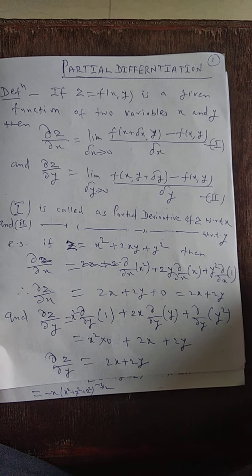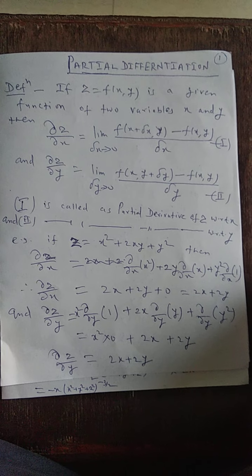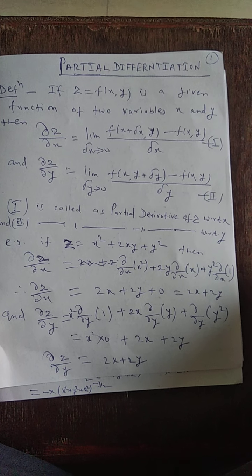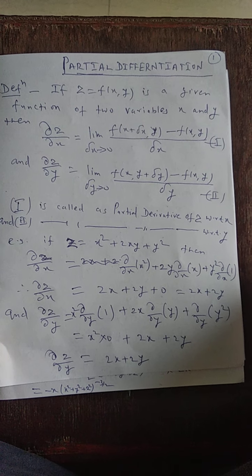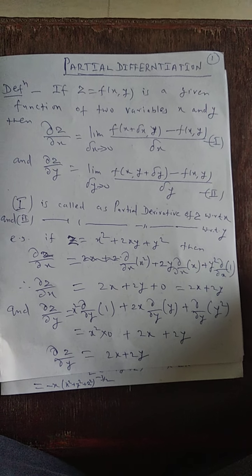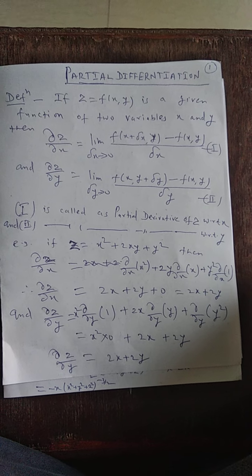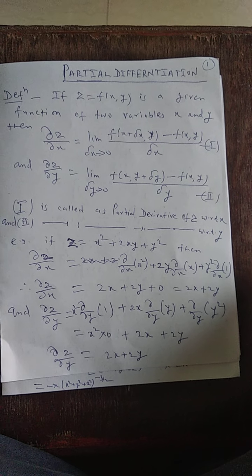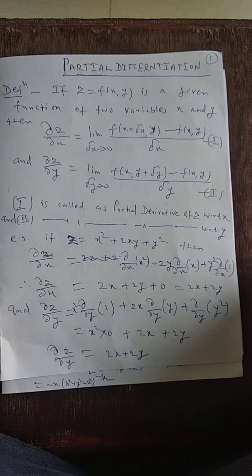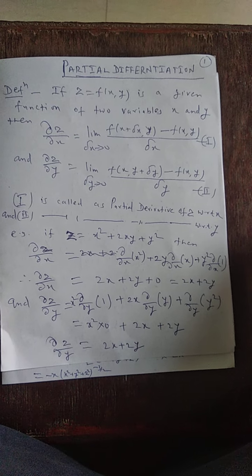And here it is partial differentiation, which means the function must have a minimum of two variables, and then only we can have this partial differentiation concept. More than 2 is also permissible, but as far as the limitation of your syllabus is concerned, we will consider only two variable functions.